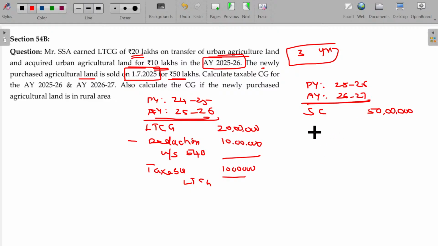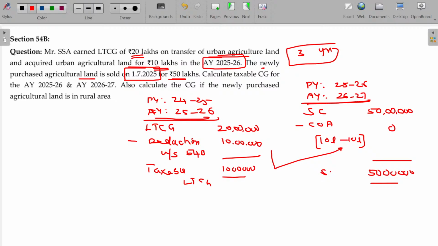Here the sale consideration is 50 lakhs, minus the cost of acquisition. The cost of acquisition is 10 lakhs, but you have claimed deduction under section 54B in the earlier years, so that should be subtracted to the extent of exemption claimed. So it is 0. The entire 50 lakhs will now be considered short-term capital gain.